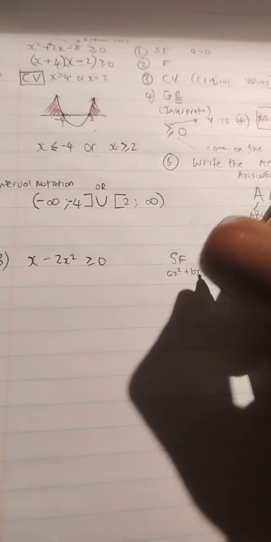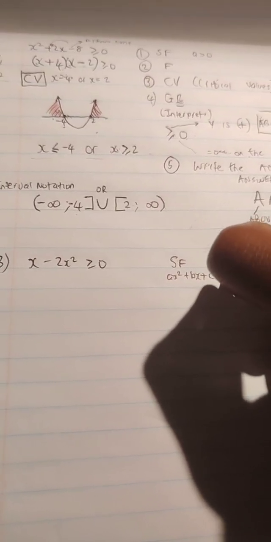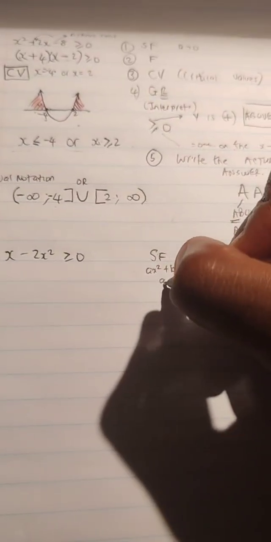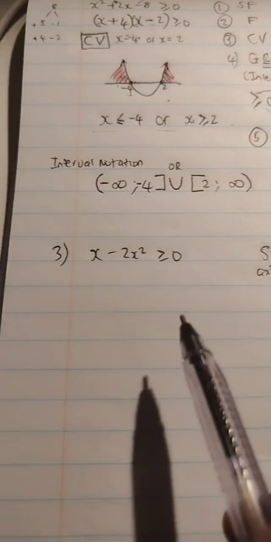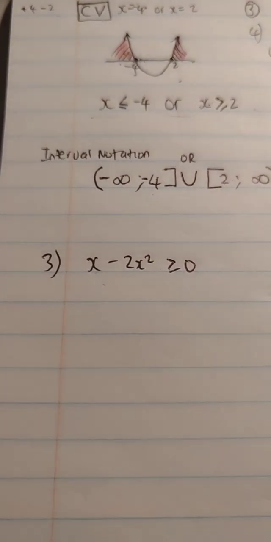Remember guys, standard form means ax squared plus bx plus c, where a is positive, and then obviously the inequality sign with 0 on the other side. Currently, this is not in standard form.